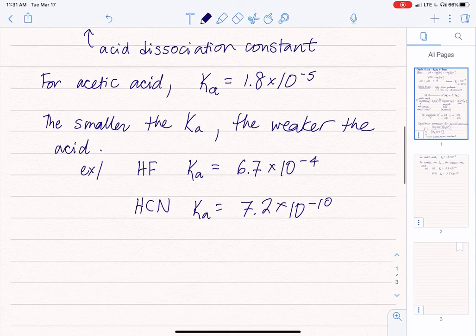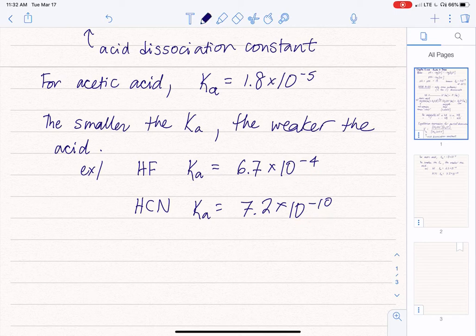So looking at HF versus HCN, which is the stronger acid, HF or HCN? I'll give you a second to think about it. Well, we just have to look for the larger Ka. Of course, this value is much larger than this teeny tiny number over here, right? We're comparing 10 to the minus 4 versus 10 to the minus 10.